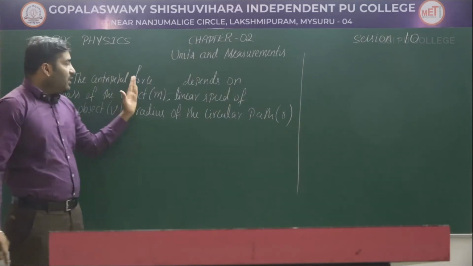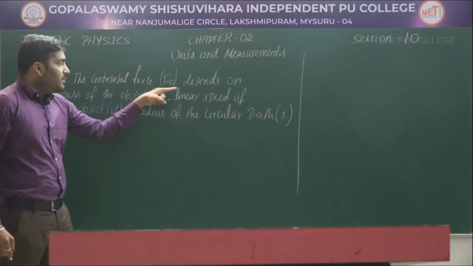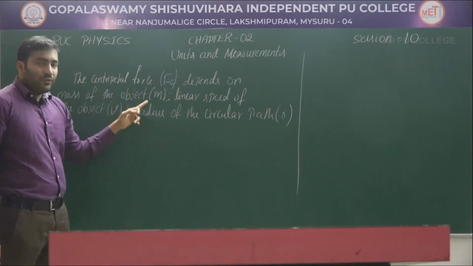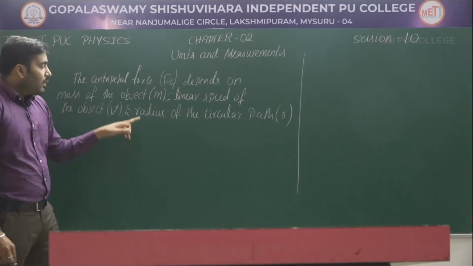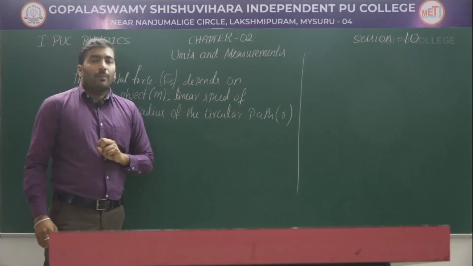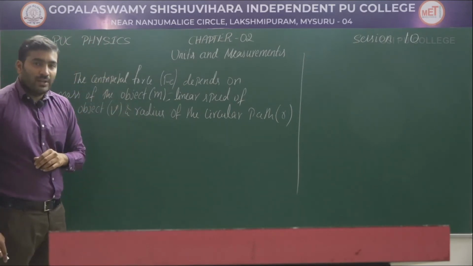Now we are saying centripetal force Fc depends on the mass of the object, linear speed or linear velocity v, then radius of the circular path r. So we need to derive the relationship among these quantities.